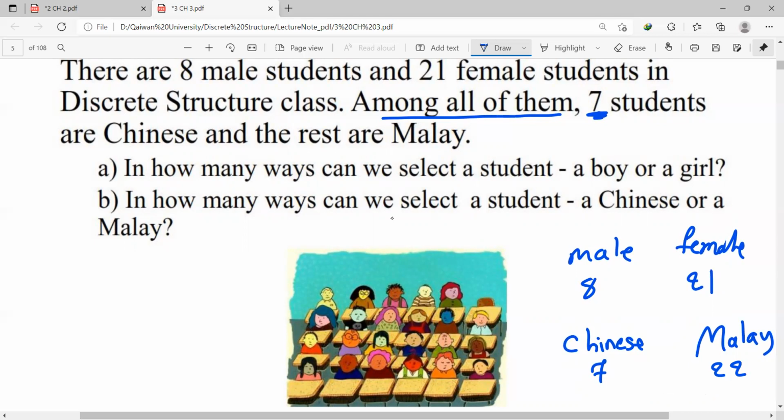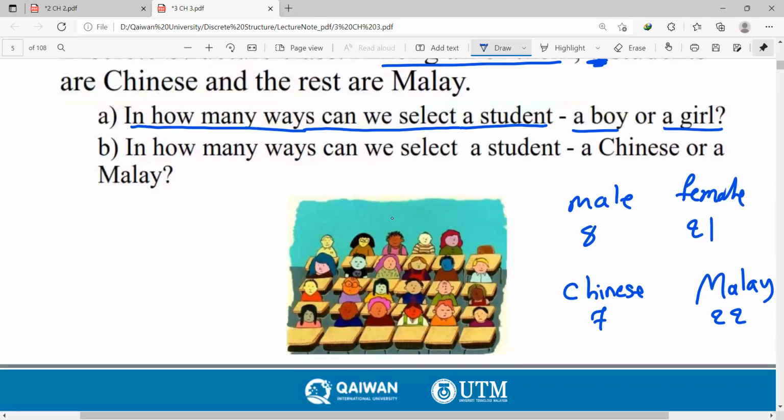And here, we should find 2 things. First, in how many ways can we select a student, a boy or a girl? We just select a student as either boy or girl. We say T1, girl students.